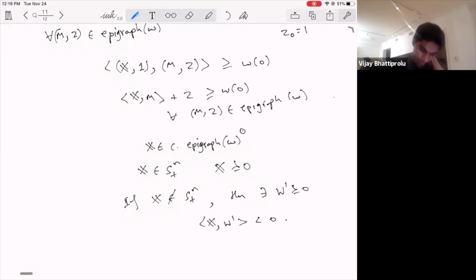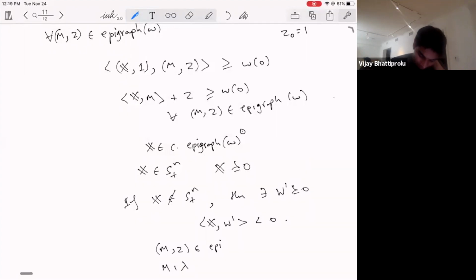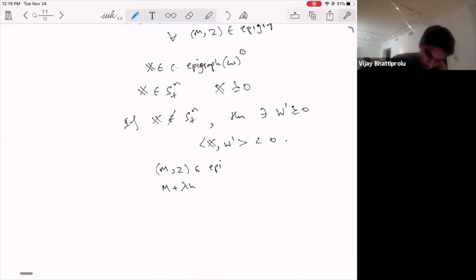And then you just fix any M, Z that belongs to the epigraph, and instead consider M plus lambda times W prime for a very large scaled W prime. Because the epigraph is upward closed, M plus lambda times W prime is still inside this set. And so this will contradict the fact that X needs to have large inner product with this matrix. It will actually have large negative inner product with this matrix. So in other words, X is PSD.